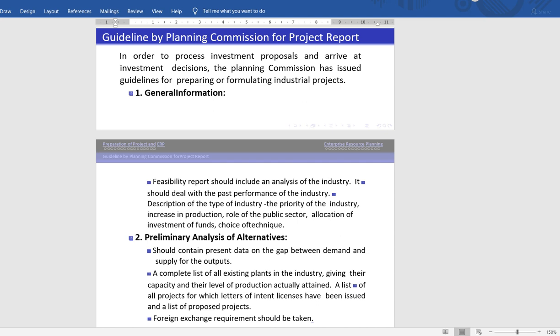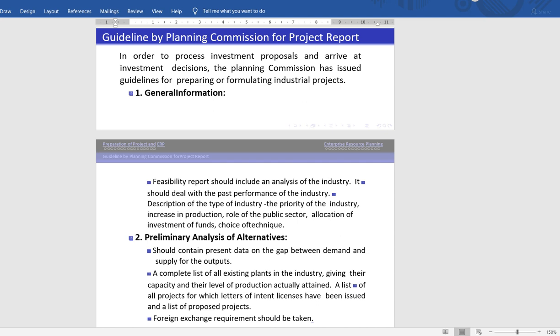In this part it should mainly contain the description of the type of industry, and it can include points like the priority of the industry, increase in production, role of the public sector, choice of technique used in the project, etc.